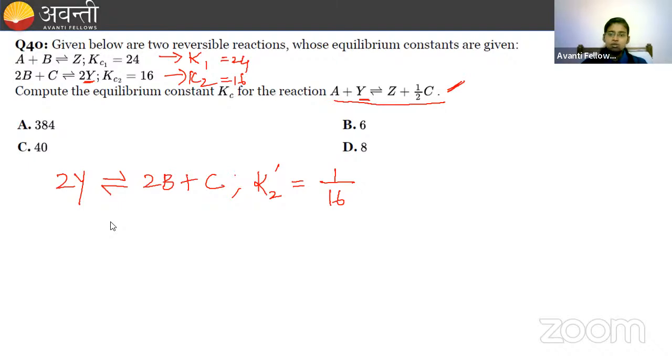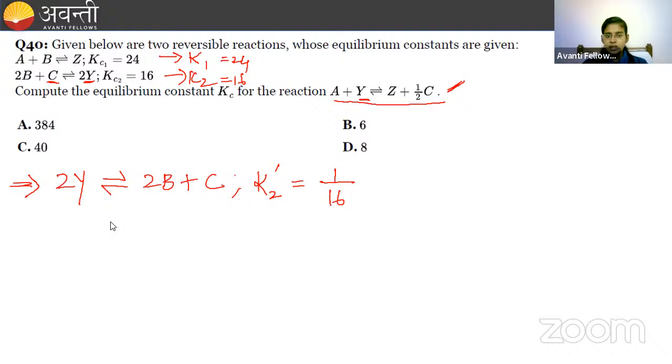Now, what do we have to do? We have half mole of C on the product side in the desired equation, but we have C on the reactant side here. So I have to multiply this second equation by 1 by 2.